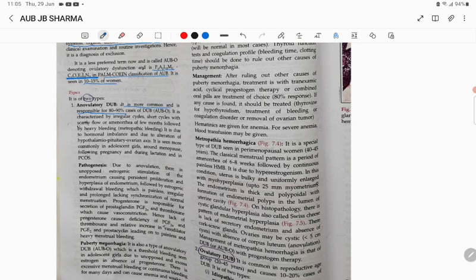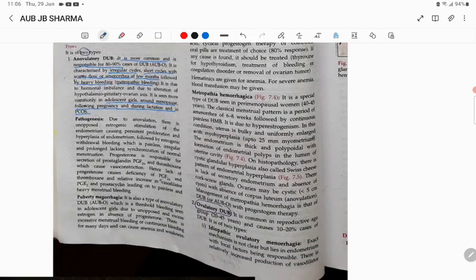It is characterized by irregular cycles, short cycles with scanty flow, or amenorrhea for a few months followed by heavy bleeding, metropathic bleeding. It is due to hormonal imbalance, alteration of the HPO axis. It is seen more commonly in adolescent girls, around the menopause, following pregnancy and during lactation.